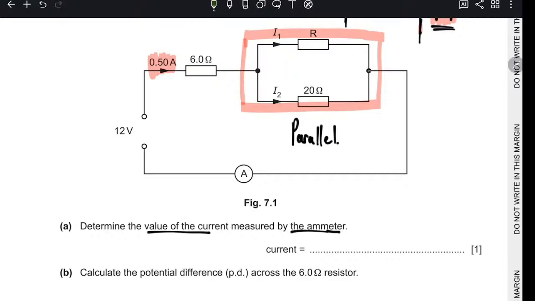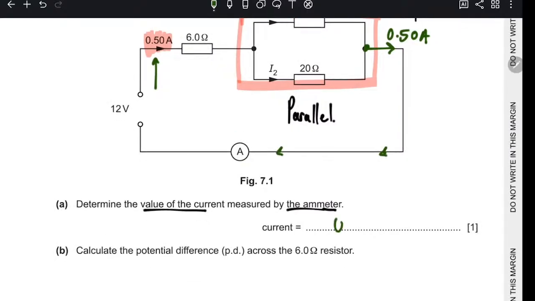And then when they come back together, these wires, the current will rejoin itself again and become what it was. So here it's 0.50 amps again. That's not a problem. So it will be 0.50 all the way here when it gets to the ammeter again. So this is 0.50 amps.